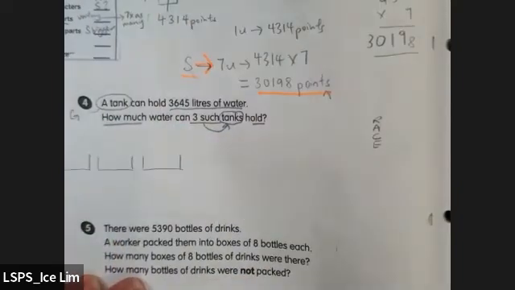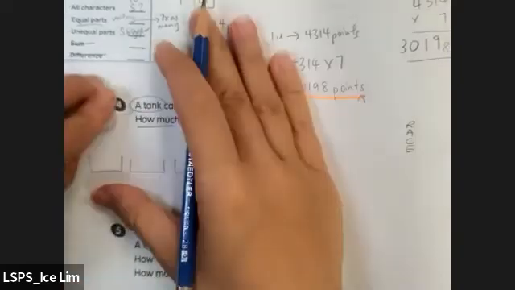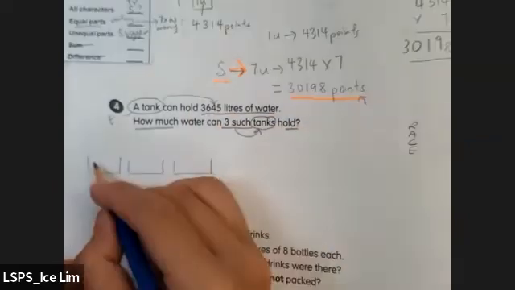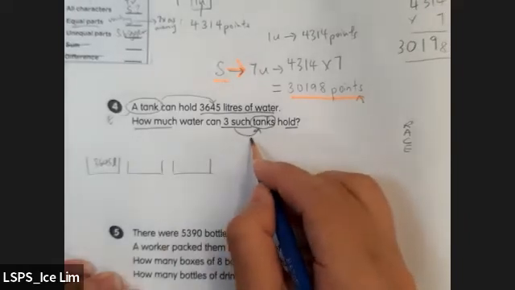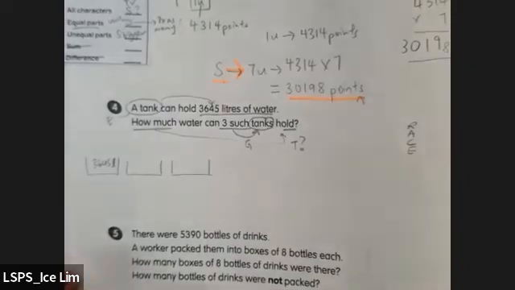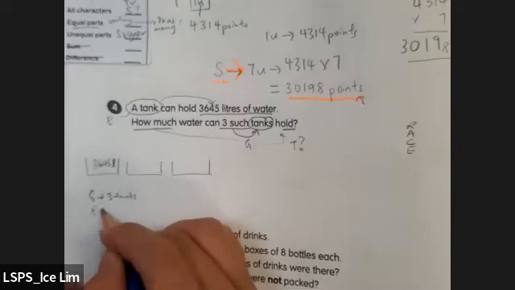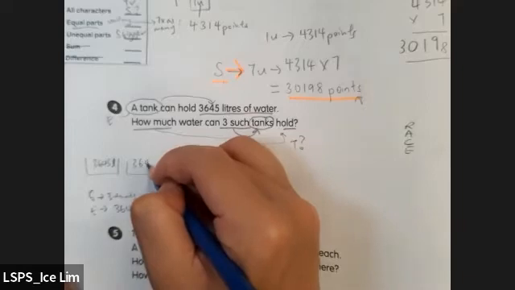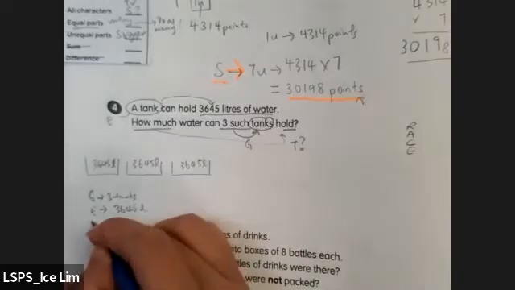A tank is each, and that's the amount inside. And 3 such tanks shows group. How much can it hold? That shows total. So the group is 3 tanks. I have the each. Each is 3,645 liters. And it asks you for the total.